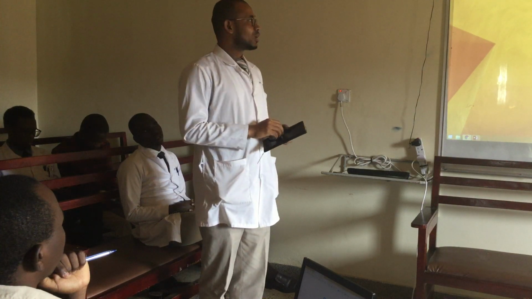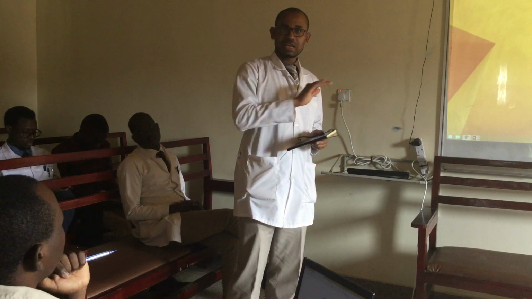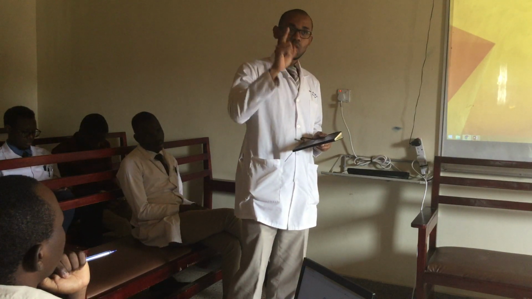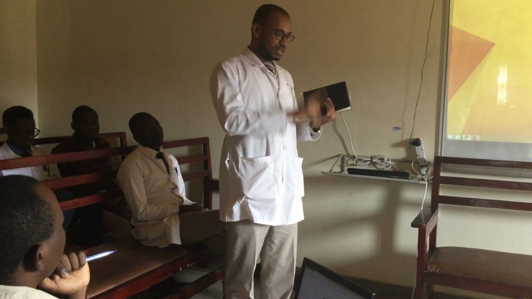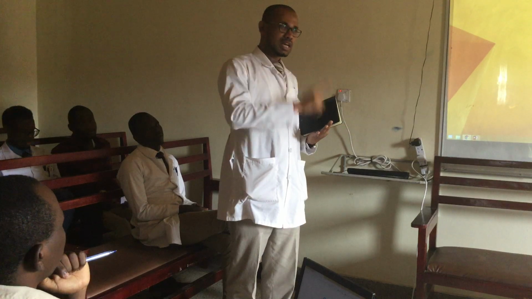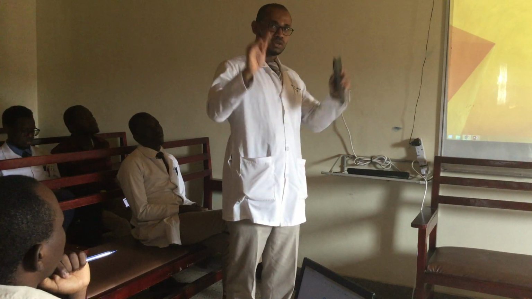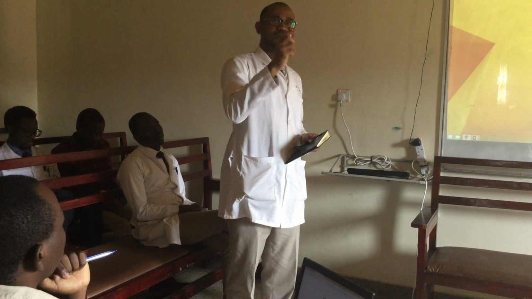This Huduma number tries to register every Kenyan, regardless of age, and give one unique number. So if I have an identification number, NSSF, NHIF, the hospital insurance number, all these numbers are going to be put in a system, but you're going to have one number.